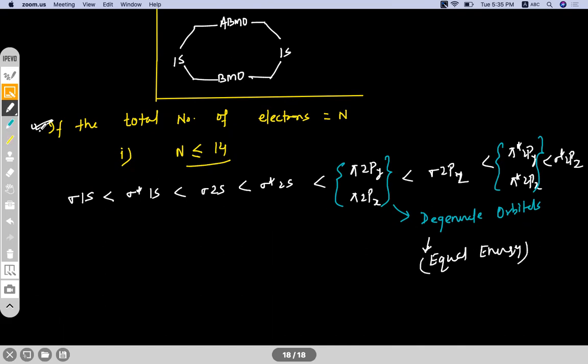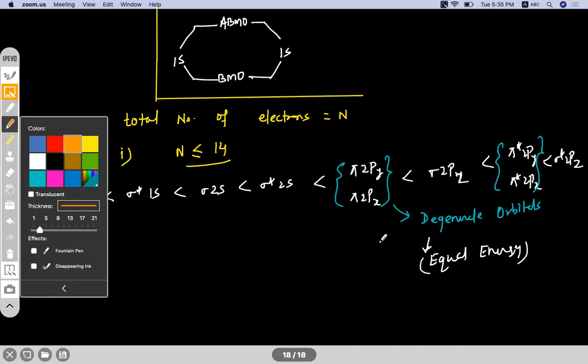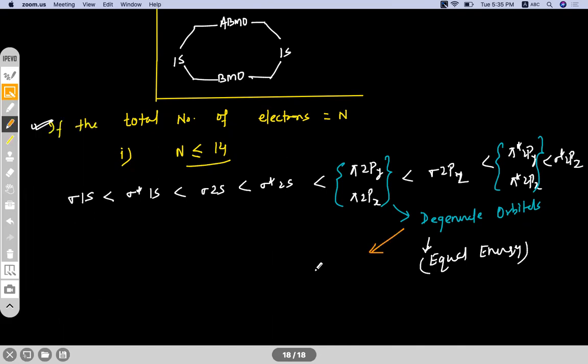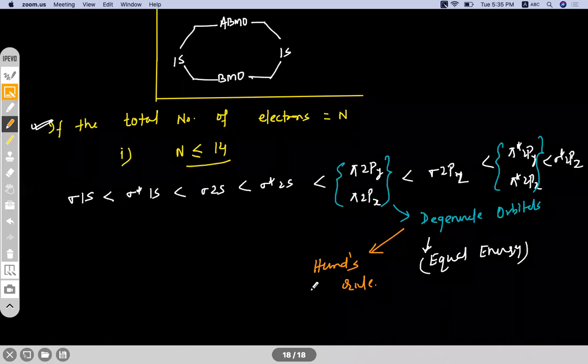And when you distribute electrons in this, you have to follow Hund's rule. While distributing the electrons, you have to follow Hund's rule. Is that fine?